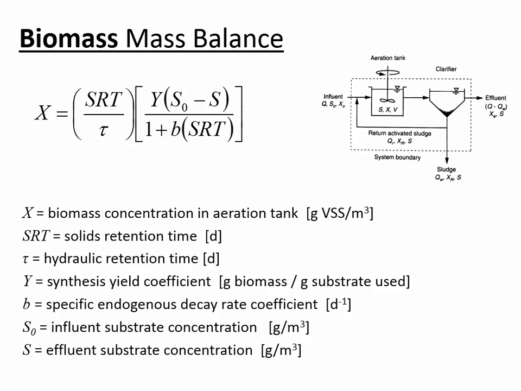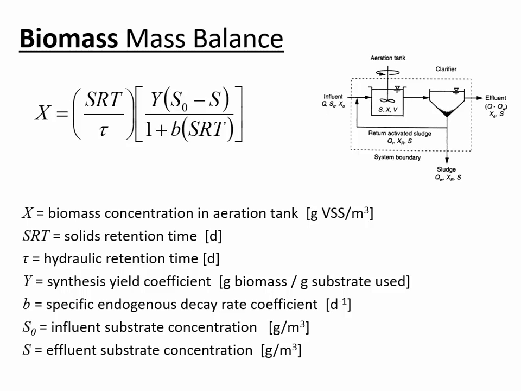Okay, there's another term here, b, the specific endogenous decay rate coefficient. Now, that's a really long phrase. What it means, and you can put this in the side of your notes, is how quickly the bugs are dying. So it's important not only how quickly they are growing, but how quickly the microorganisms are dying.